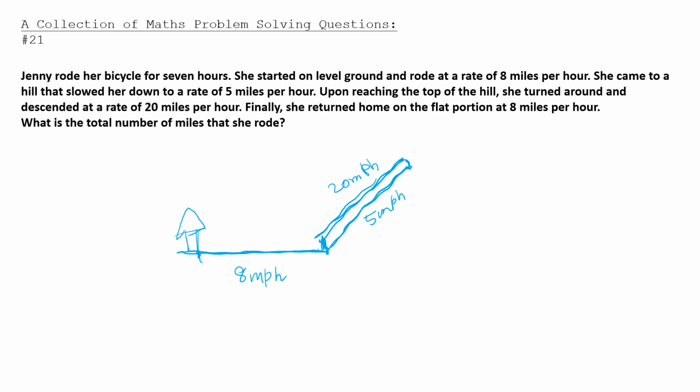And finally she returned home on the flat land. She comes back home again at 8 miles per hour. So to work out the total number of miles, we will assume that the flat land distance is x.